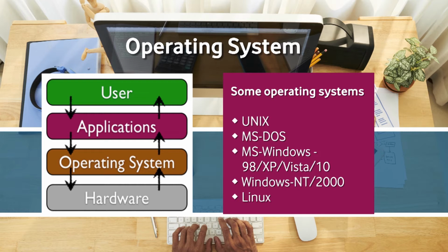Some common examples of operating systems are Unix, MS-DOS, which is almost outdated and not used, MS Windows, with different versions available, Linux, and network operating systems like Windows NT 2000.